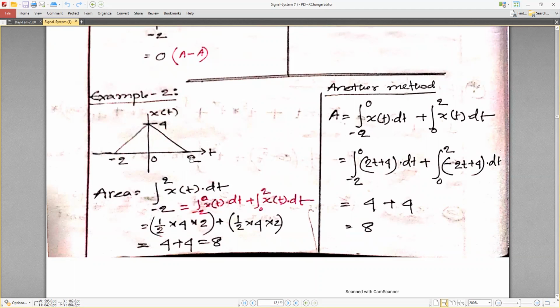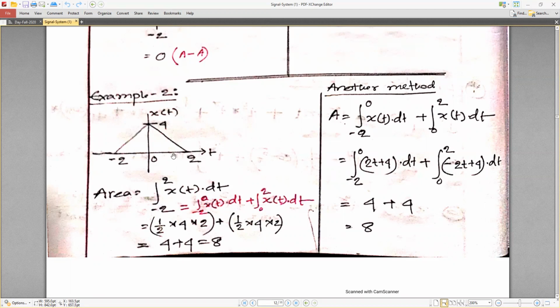Instead of x(t) we can write, for this region from minus 2 to 0, what can we write? The highest value is 4, here 0 and here 2t, so 2t plus 4, integral of (2t plus 4) dt.